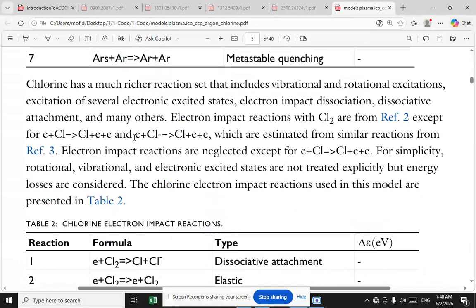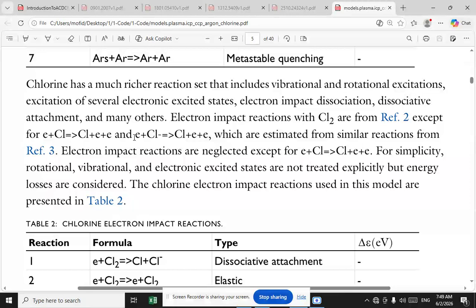Chlorine has a much richer reaction set that includes vibrational and rotational excitations, excitation of several electronic excited states, electron impact dissociation, dissociative attachment, and many others. Electron impact reactions with Cl2 are from reference 2, except for e + Cl2 → Cl + Cl⁻ and e + Cl⁻ → Cl + 2e, which are estimated from several reactions from reference 3.